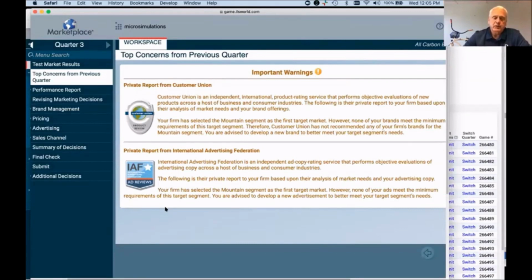Their threshold is a brand judgment of 70. The International Advertising Federation has a similar requirement, and that they will recommend you if you achieve an ad judgment of 70. So these are things that tell me from the start when I go in that I have some problems, even before I look at any numbers.